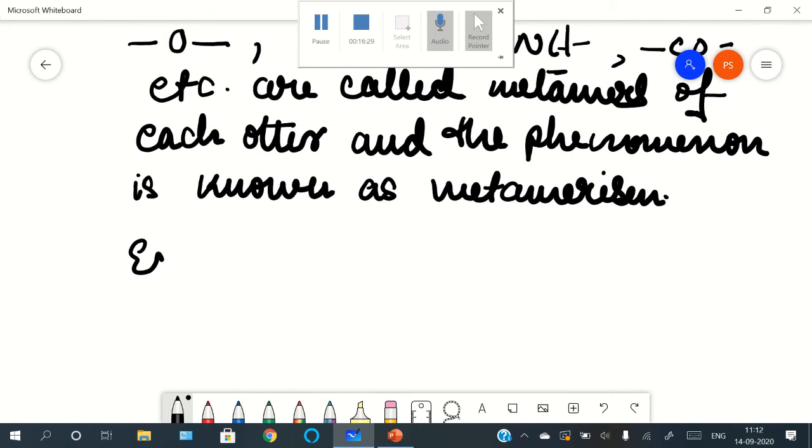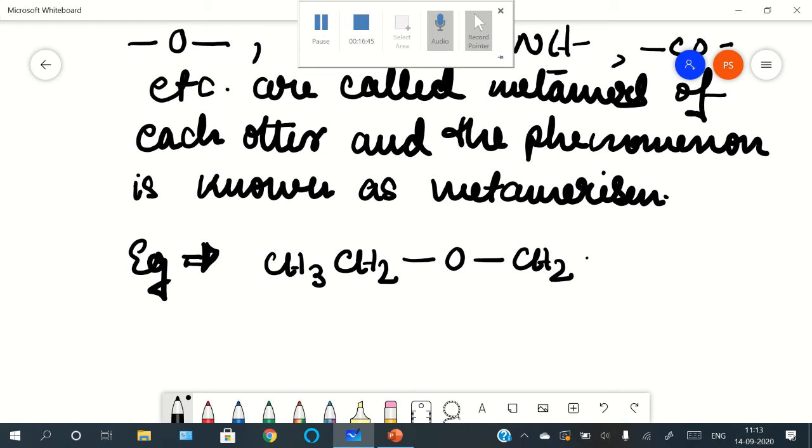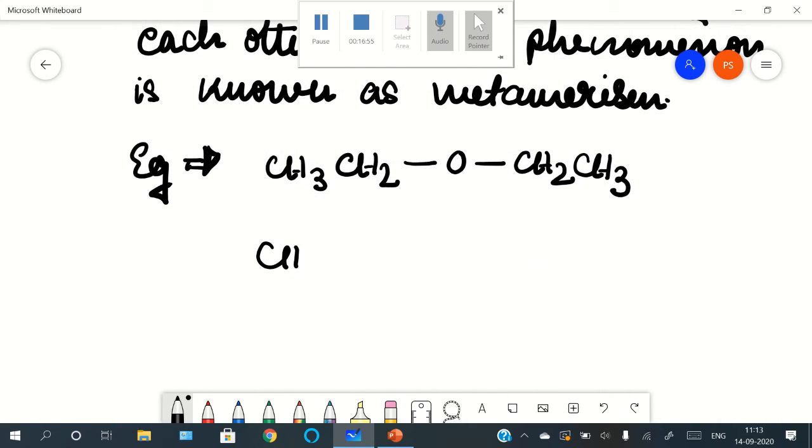For example, this is an ether compound. This is also an ether compound.